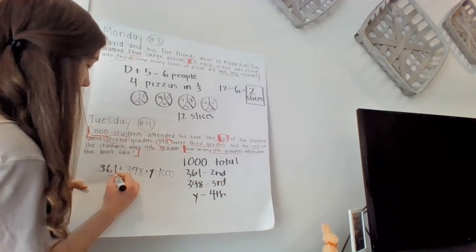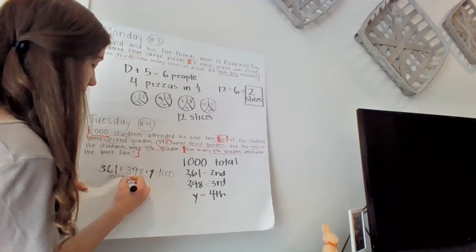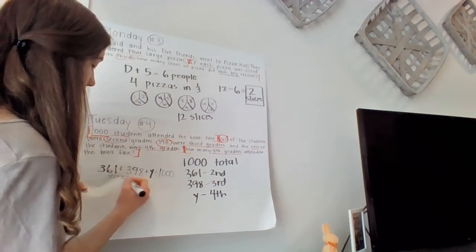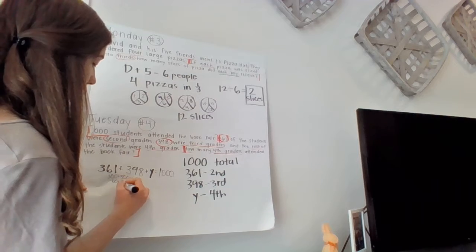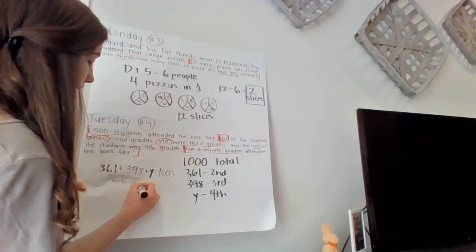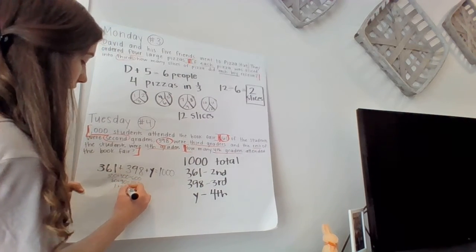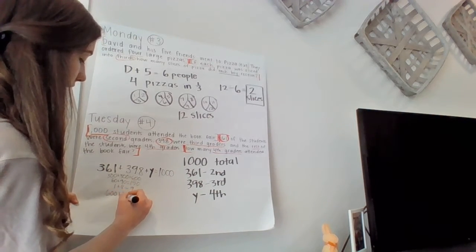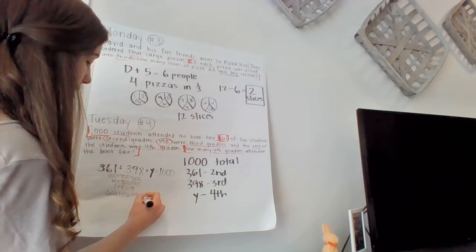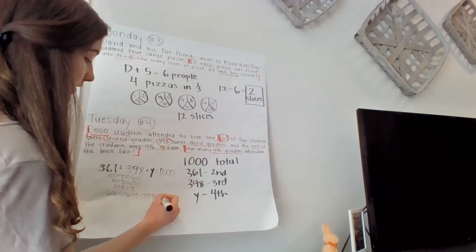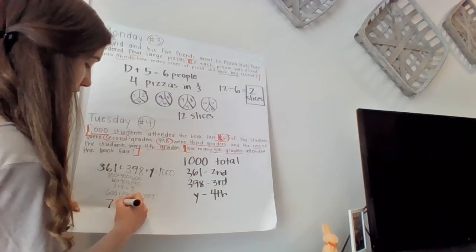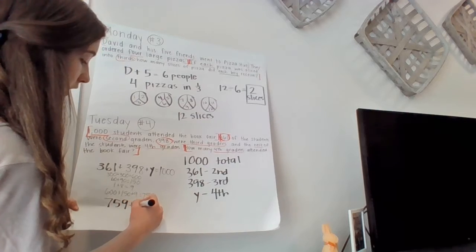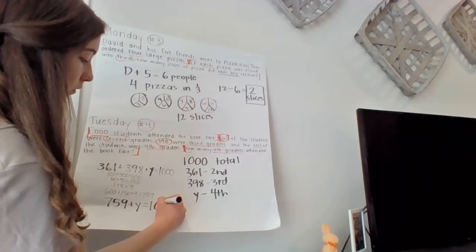I have 300 plus 300 equals 600. 60 plus 90 equals 150. And 1 plus 8 equals 9. If I had 600 plus 150 plus 9, I'm going to get 759. So I have 759 plus Y equals 1,000.